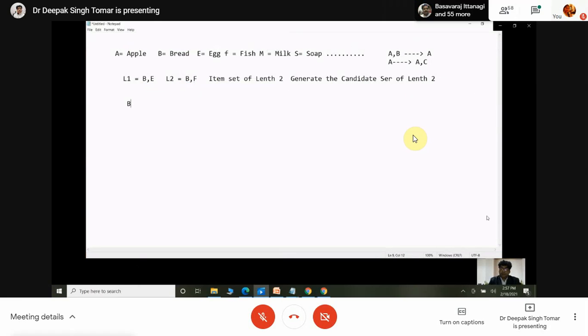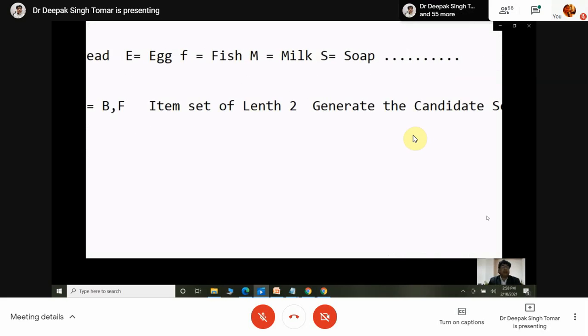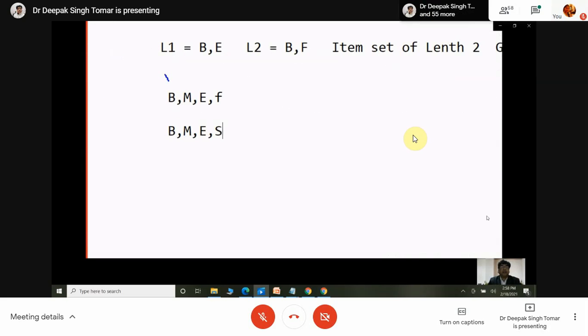So we have bread, milk, egg, and fish. Here we have bread, milk, egg, and if these 2 item sets are there, then we have checked. We put it here. These are the same.